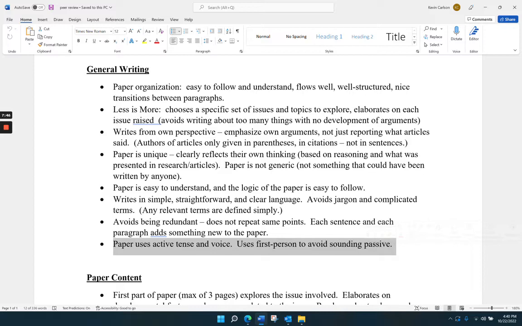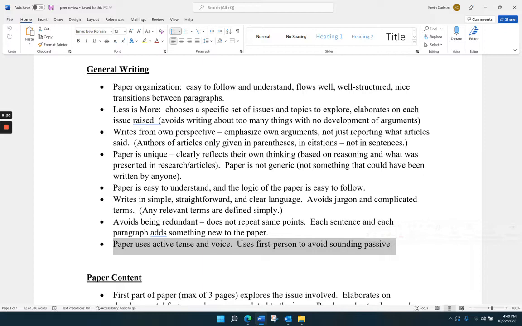For APA style, it explicitly says it's okay to use first person, especially if it helps you avoid sounding passive. I know you probably have experiences where you were told not to use first person and you end up writing these really strange sounding sentences. They're really vague and they seem to go around in different directions and are not really exactly what you want to say. That's passive. So make sure it's active.